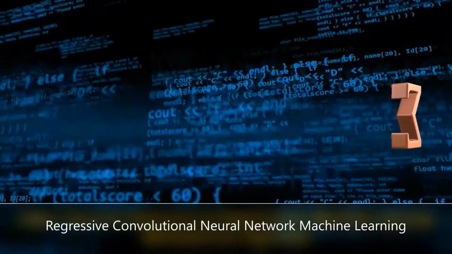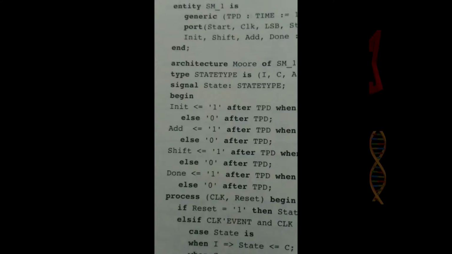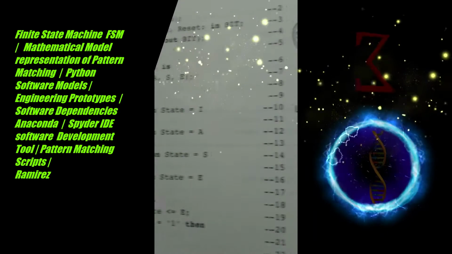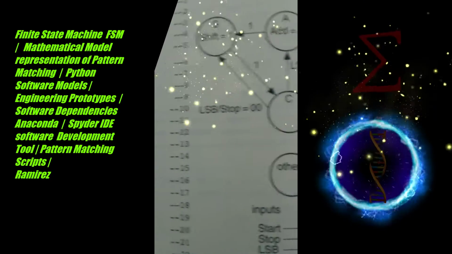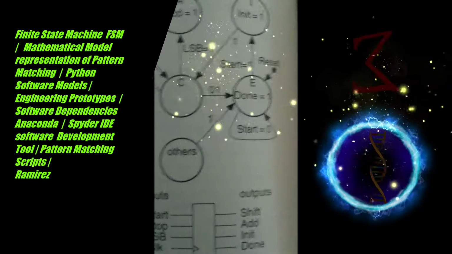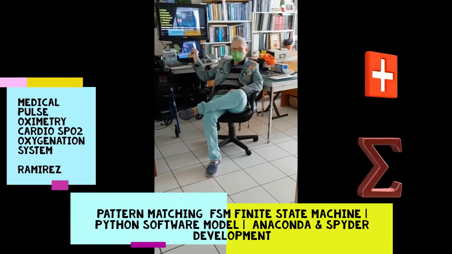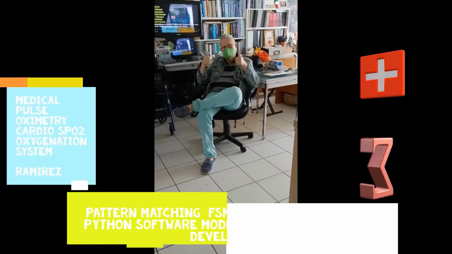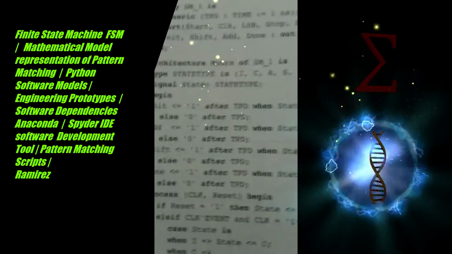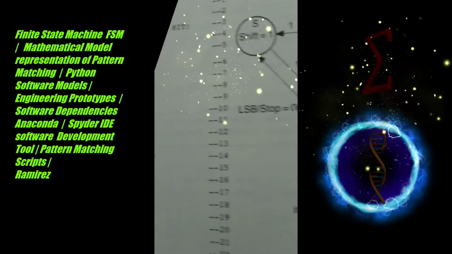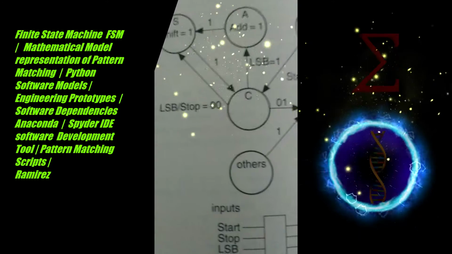A finite state machine is a mathematical model of computation. It is an abstract machine that can be in exactly one of a finite number of states at any given time. The FSM can change from one state to another in response to some input.